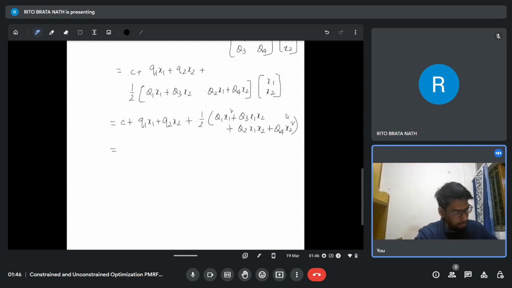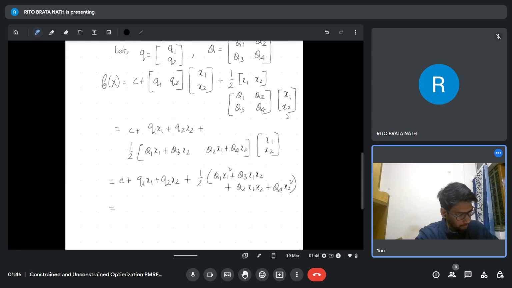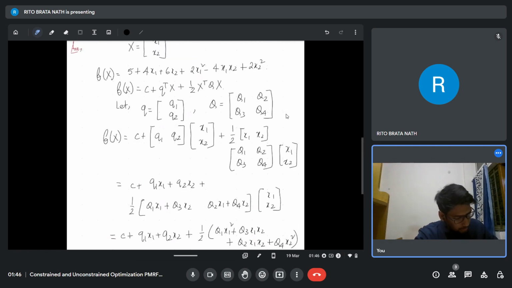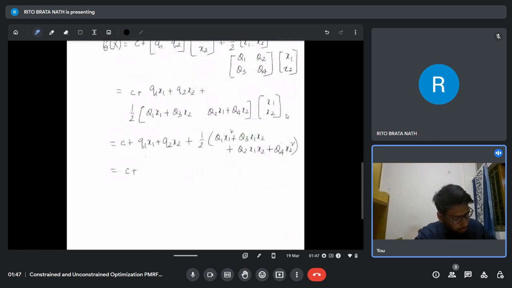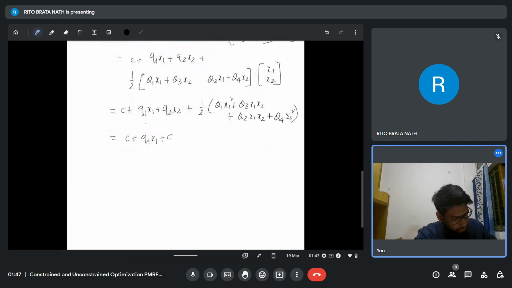Now write it as C plus, you can write it as just the terms of small q1 x1 plus q2 x2, then you will have the terms of half Q1 x1 square plus half (Q2 plus Q3) x1 x2 and plus half Q4 x2 squared.